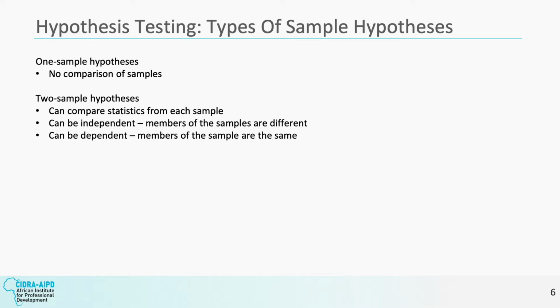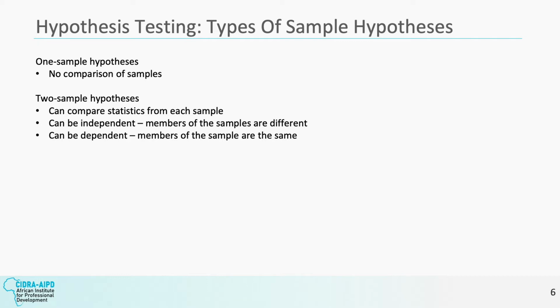For example, is the average height of students from the AIPD higher or lower than 1.7 meters? We call this a one-sample hypothesis, or one-sample problem. When we have 2 or more samples, we can compare statistics from the different samples. We call this a two-sample hypothesis, or problem.